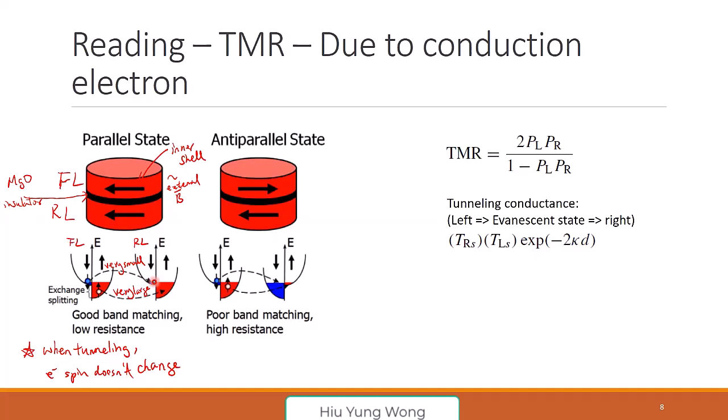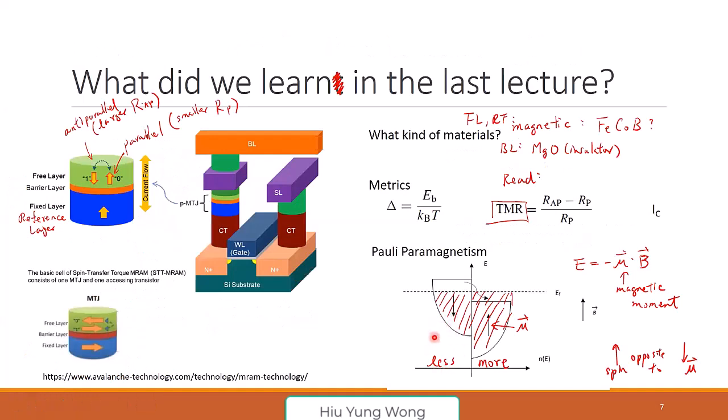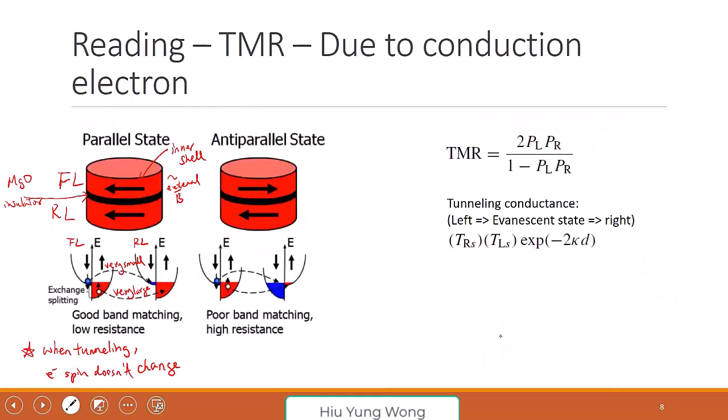Okay, the spin cannot change, so you can only tunnel to here. This part is only for the spin that is pointing up. So I don't have a lot of electrons, right? Because this one has higher energy. That's why I asked you here. This is less, this is more, right? So I only have some electrons here. And then my destination also doesn't have a lot of available states.